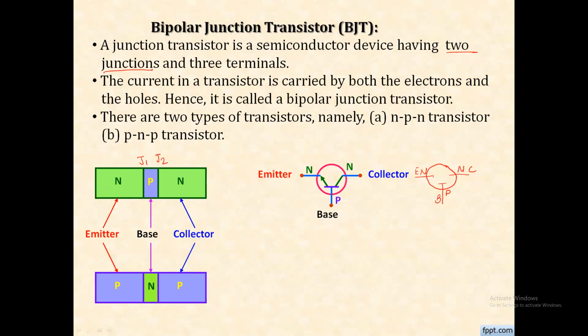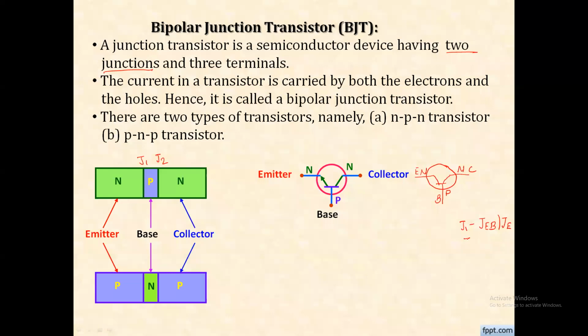So one junction is present between emitter and base, and another junction is present between collector and base. The junction between emitter and base, I say it's J1, is called the emitter base junction or simply emitter junction.